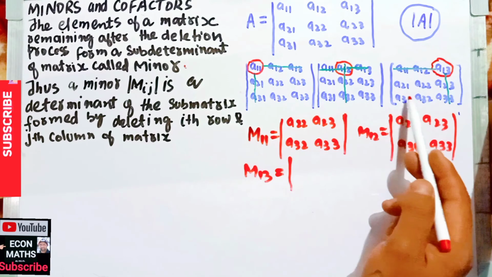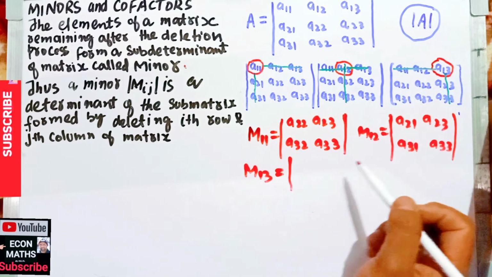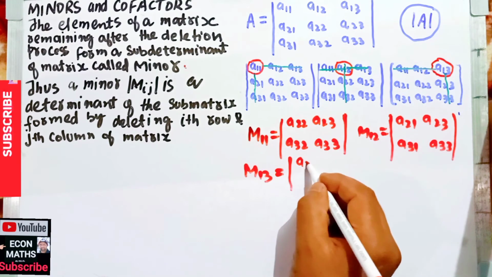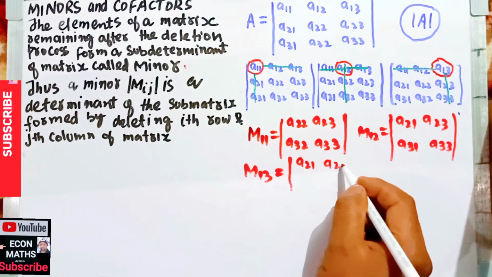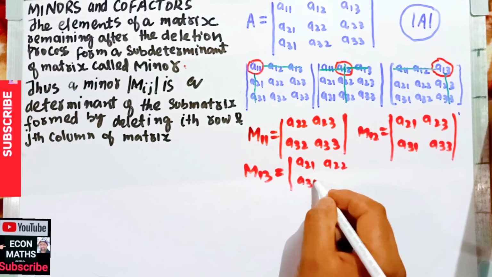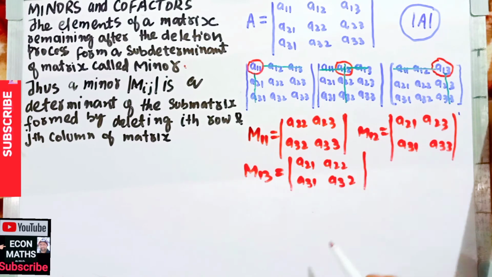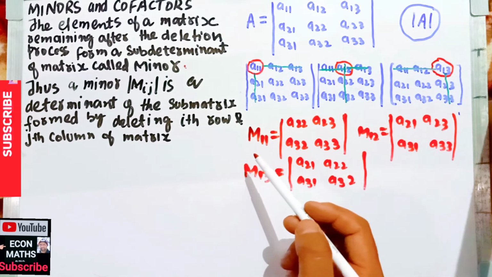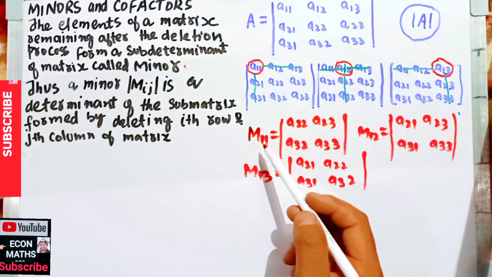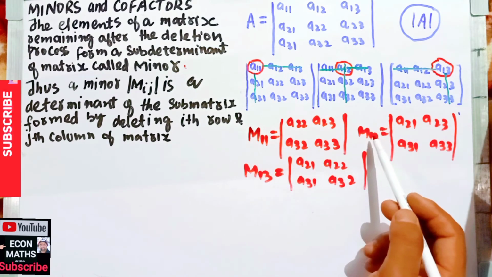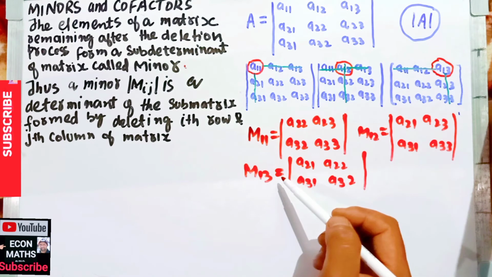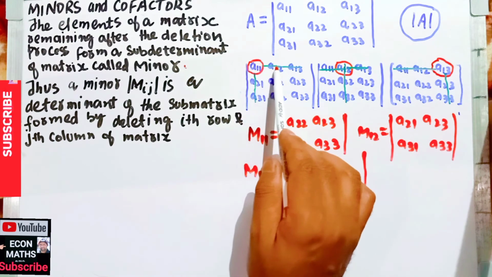Then the remaining elements are A21, A22, A31, and A32. So here this M11 or M12 or M13, these are the minors of A11, A12, A13.